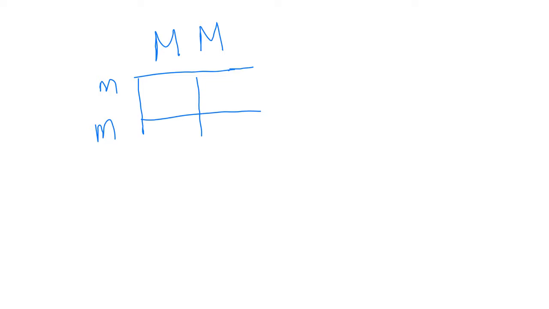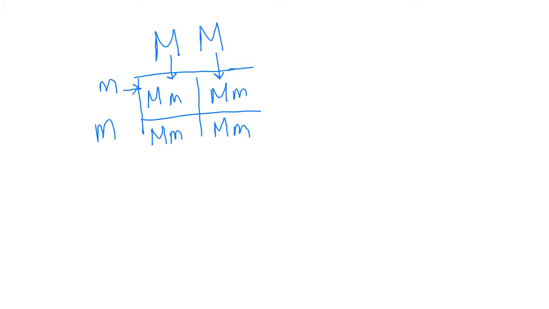Okay, so we're mixing these two. So we're going to mix a big M with a little m, little m. All right, we've set this up. Now this individual can only give a big M, and this individual only gives a little m, right? So you just drop down or across whatever trait that parent is giving, okay?